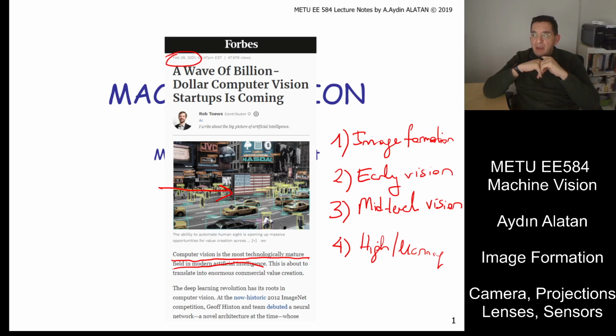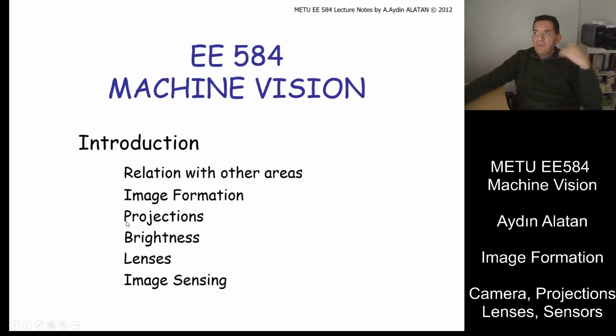Yes, these are very powerful, successful, and we will see in this course. Now let's start the first part, the image formation. As I've said, we will talk about projections, brightness. This video will be until here, I believe. And then in the next video, I'm talking about lenses and image sensing.